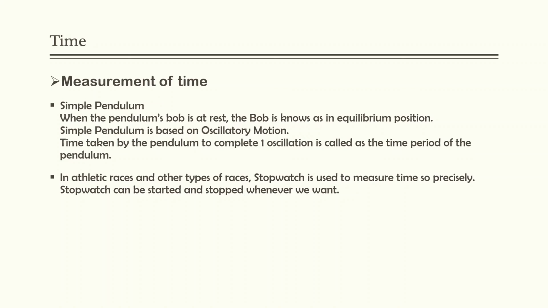Discovery of oscillatory motion. The pendulum was discovered by Galileo, which we'll learn in brief in the upcoming slides. In athletic races and other types of races, a stopwatch is used to measure time very precisely. It can be started and stopped whenever we want.